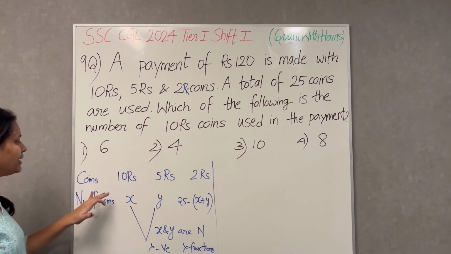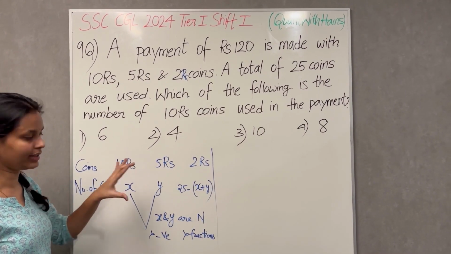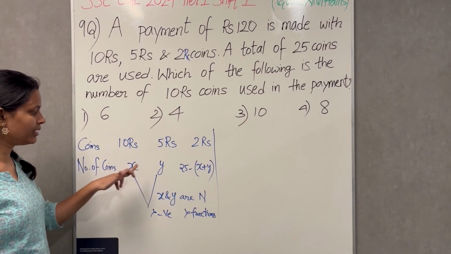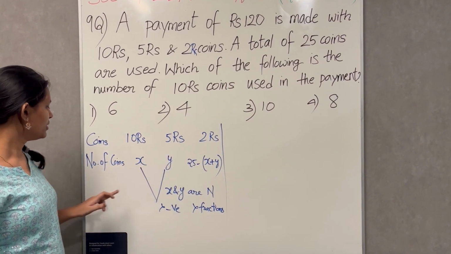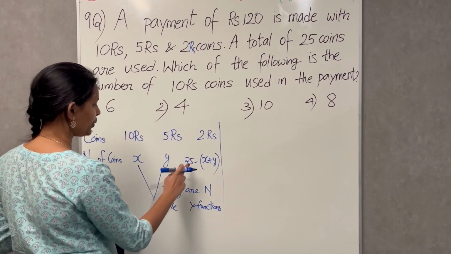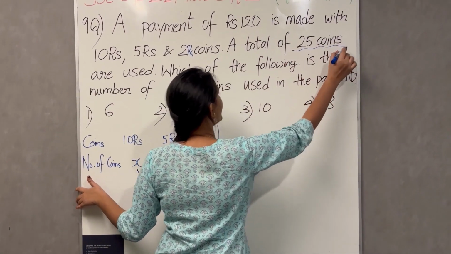Here coins are 10 rupees coins, 5 rupees coins, 2 rupees coins. How many 10 rupees coins are there means X. Y number of coins, 5 rupees Y are there. And 2 rupees we take 25 minus (X plus Y) because a total of 25 coins are there.